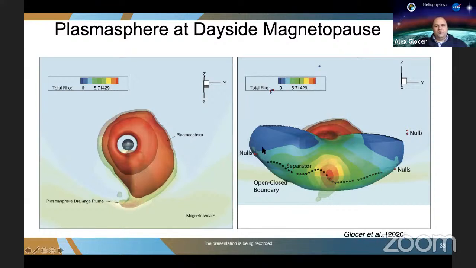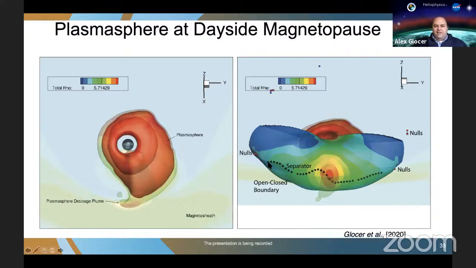On the right, looking from the upstream direction, this surface is the open-closed field line boundary in the code. I've painted on that surface the total density, and you get this enhanced density where the plume is encountering the subsolar magnetopause.